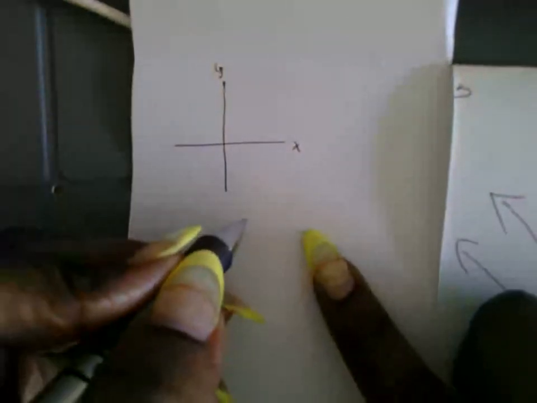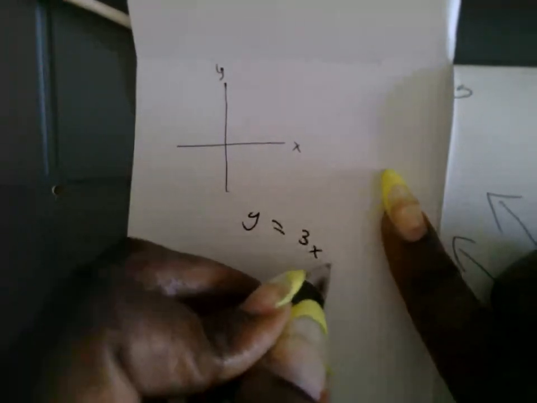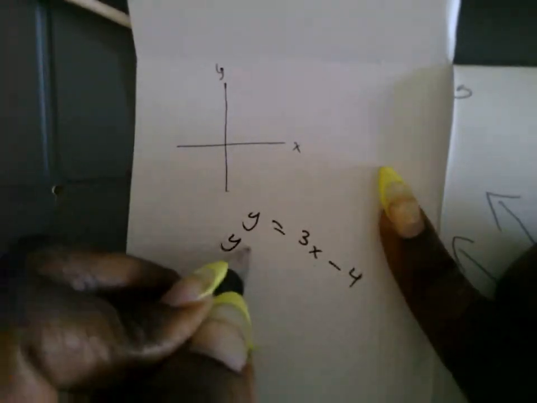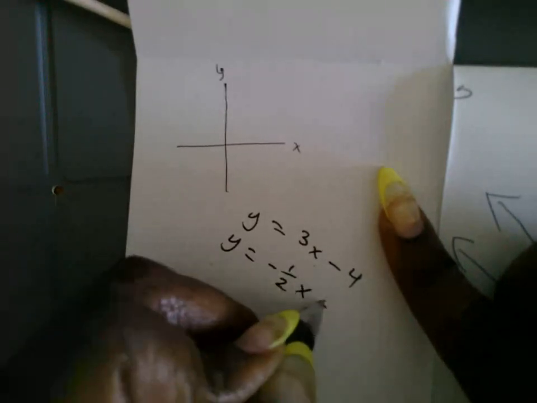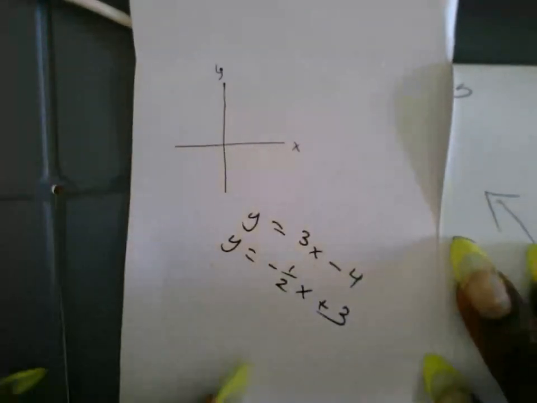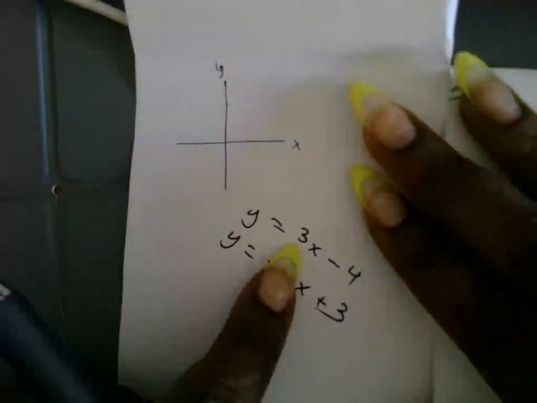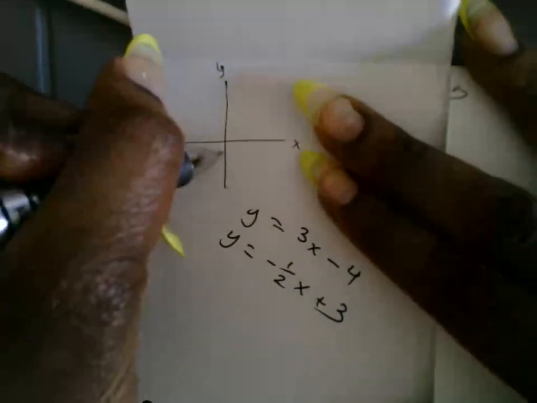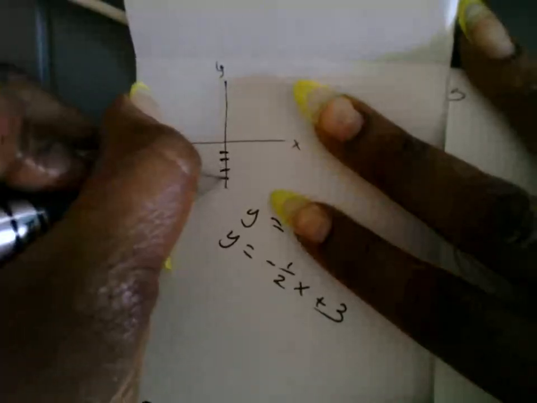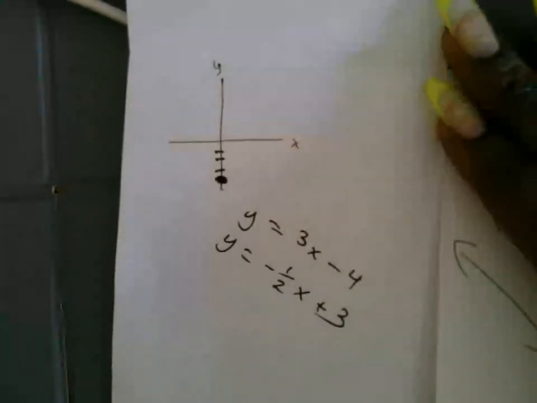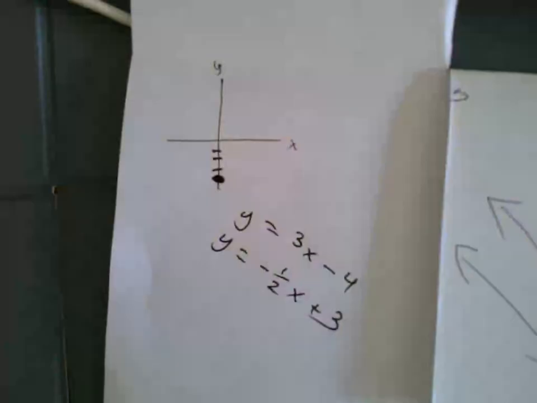Okay, let's graph y equals 3x minus 4 and y equals negative 1/2 x plus 3. Remember, the first one is you start out in debt 4 and you earn $3 per day. So you're going to put a point at negative 4. From that point, you're going to plot the slope.